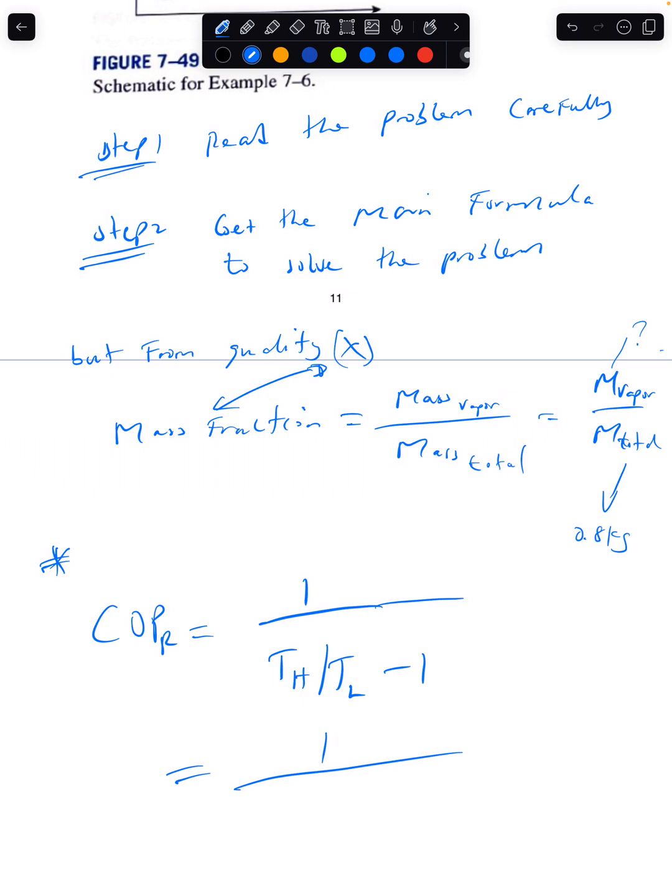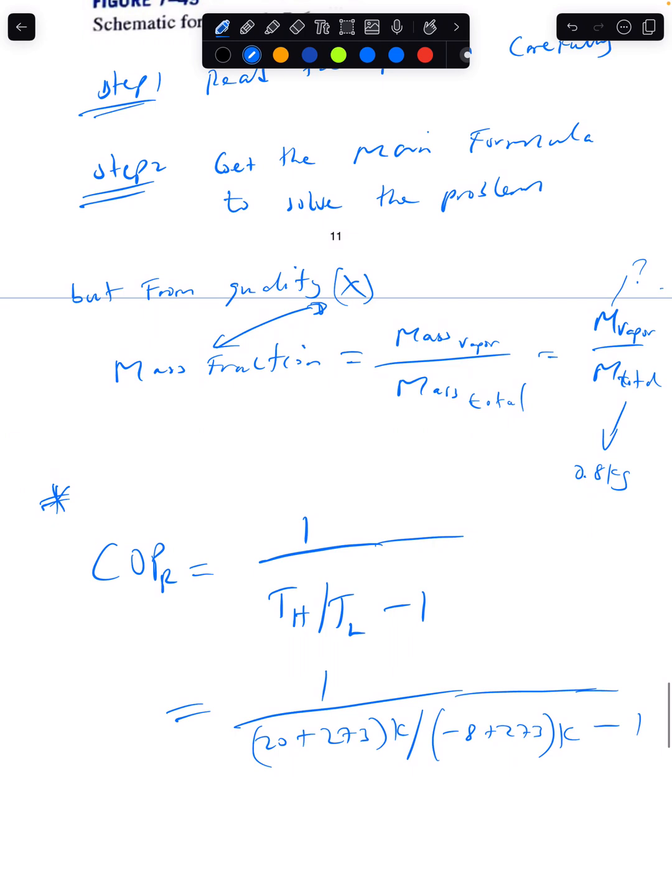So it is 20 plus 273 Kelvin divided by minus 8 plus 273 Kelvin, minus 1.